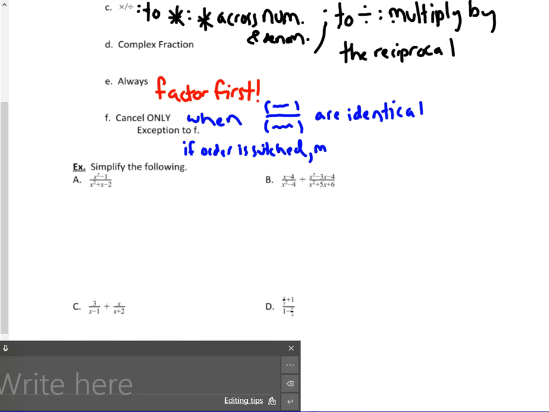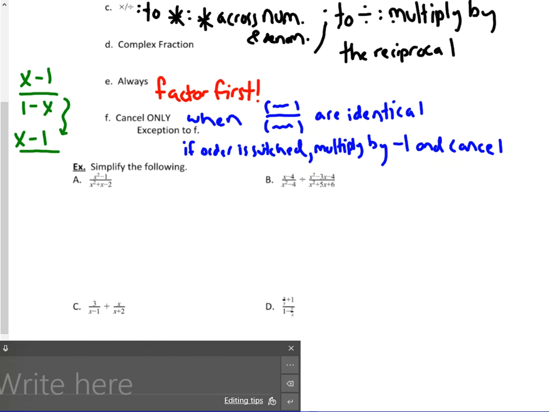multiply by 1 or by -1 and cancel. What does that mean? On the side here, if we have something like x minus 1 over 1 minus x, basically we can factor out a -1 from that denominator.